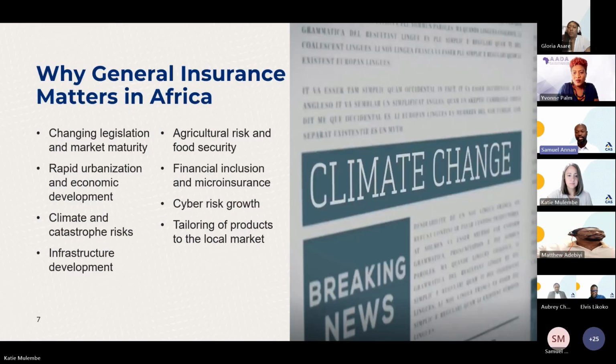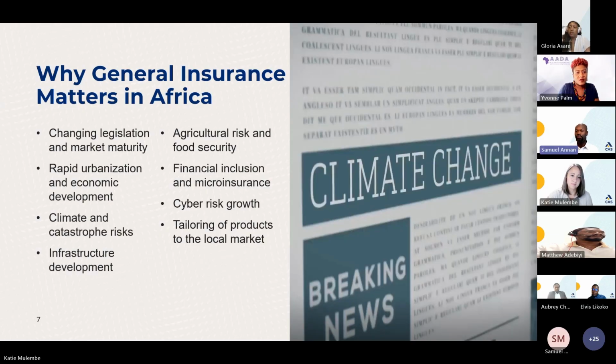And what that means is when economies get to that point, they're going to need ways to protect that kind of growth. So think about infrastructure development, for example, which is expanding rapidly in Africa. A natural catastrophe could destroy the infrastructure, and if there's no way to protect that kind of investment, you're not going to have it grow.